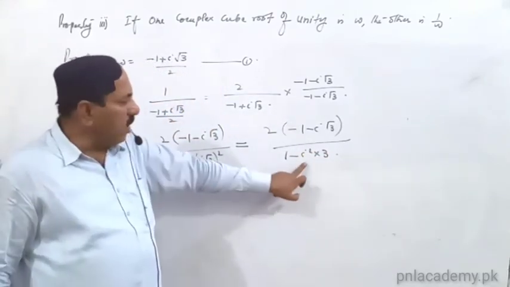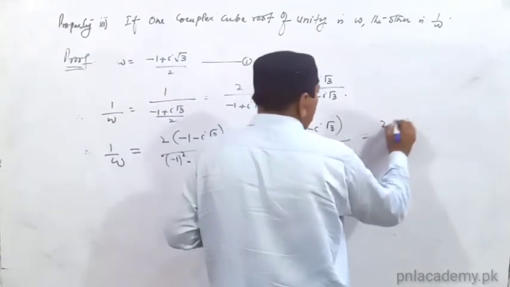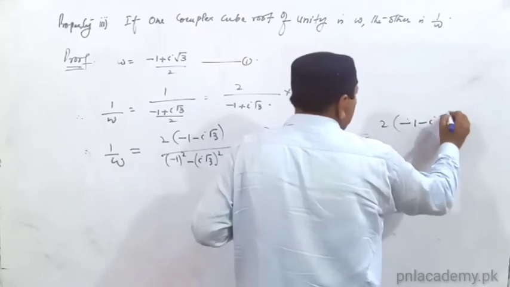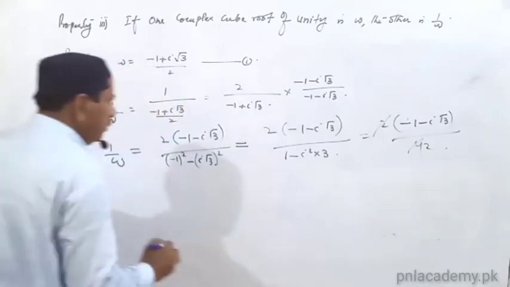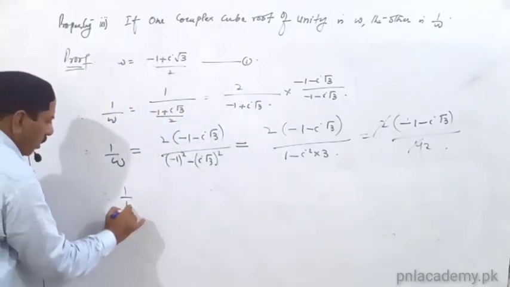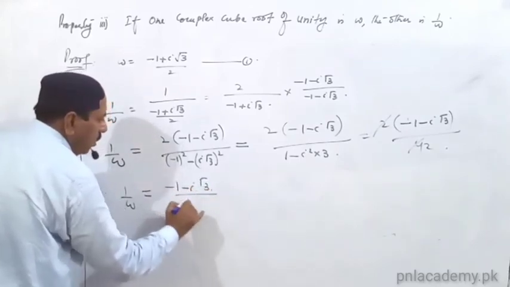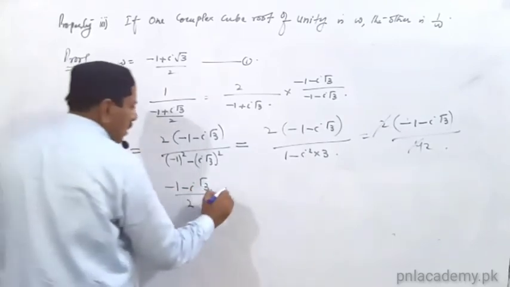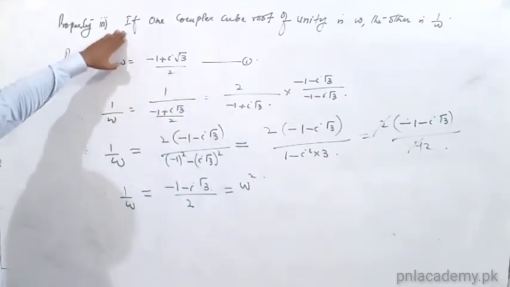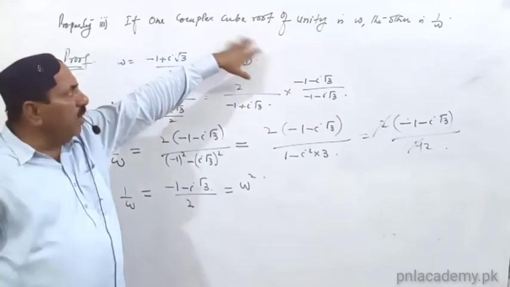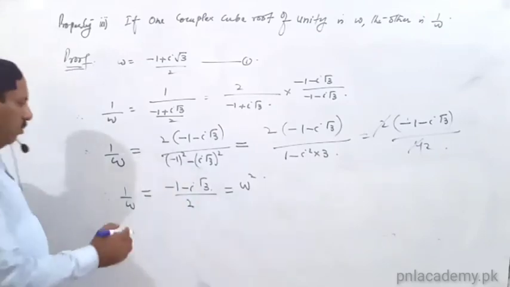The value of iota square is minus 1, and minus into minus is plus. So this will be 2 into minus 1 minus iota radical 3 upon 4, and 2 into 4 reduces. Therefore, 1 upon omega is equal to minus 1 minus iota radical 3 upon 2, which is equal to omega square. So it's correct that if one complex cube root of unity is omega, the other is 1 upon omega, which is equal to omega square. Proved.